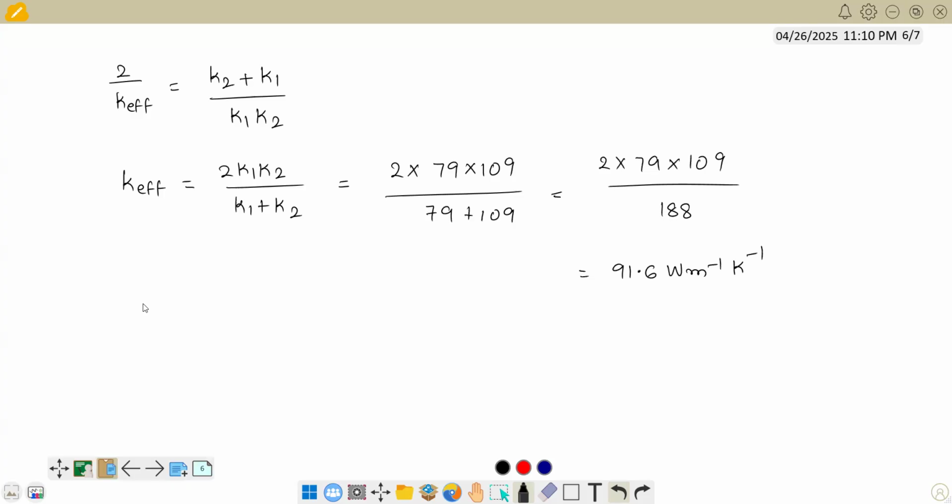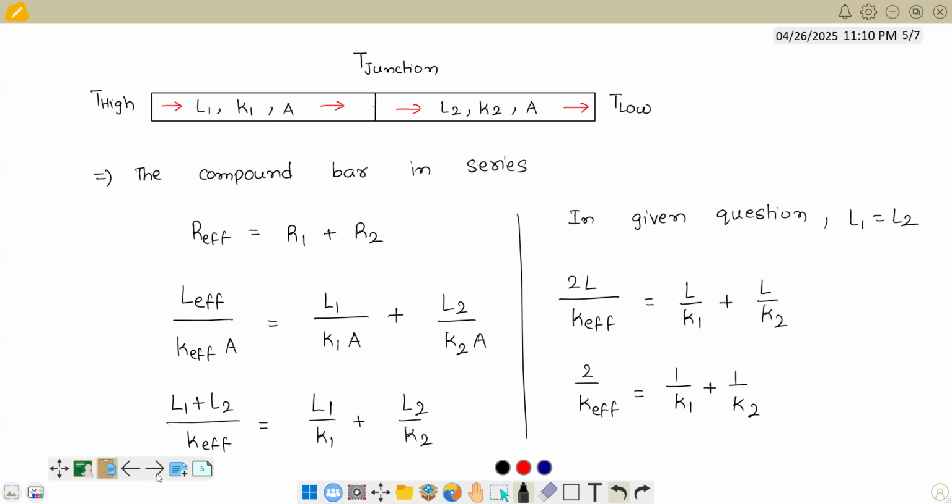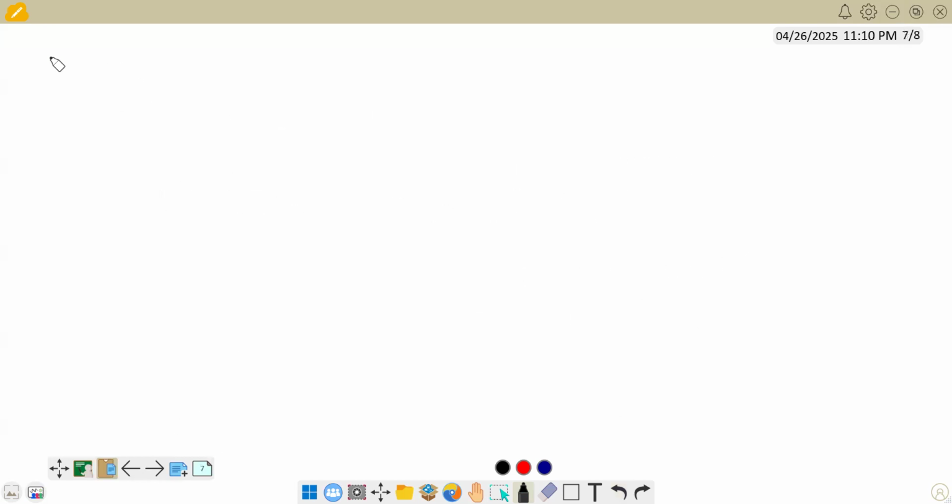In the third question, we need to find the heat current through the compound bar. We have to find the value of heat current, which is simply dQ by dt.